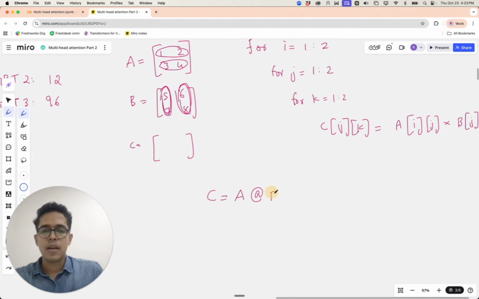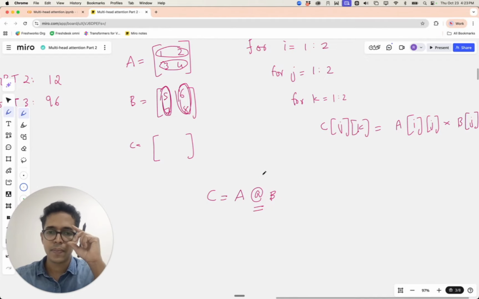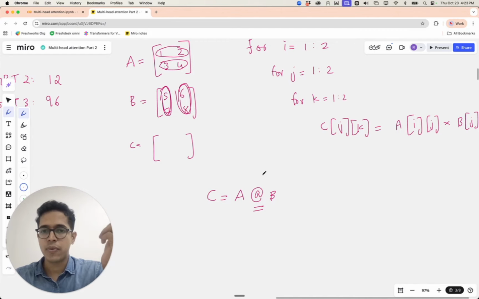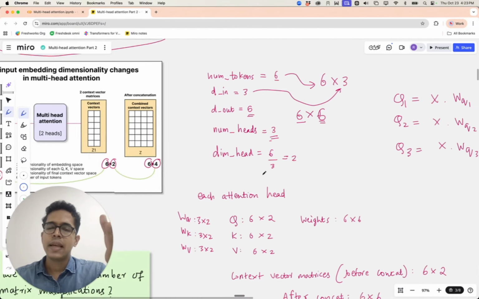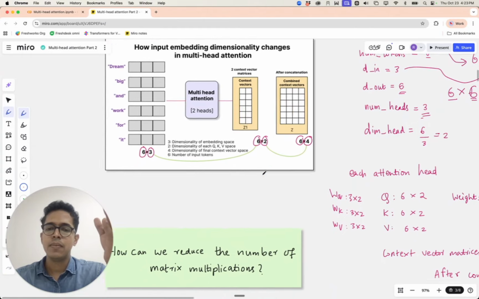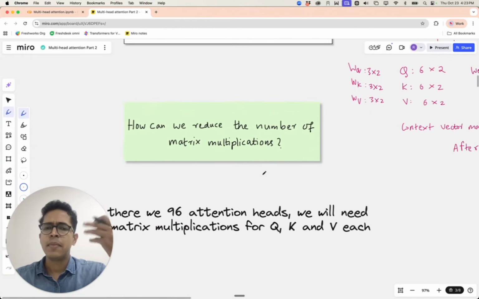So this symbol performs the matrix multiplication in a much more efficient way in Python. So it can be done in a tensorial way rather than using for loops. So this is where we should be heading. So how can we perform the same multi-head attention mechanism without having to do these many matrix multiplications?